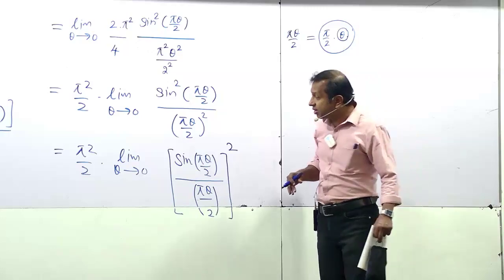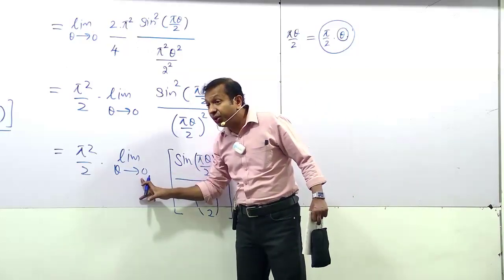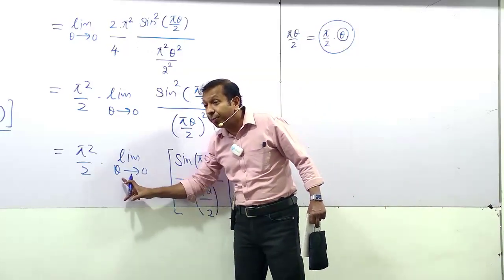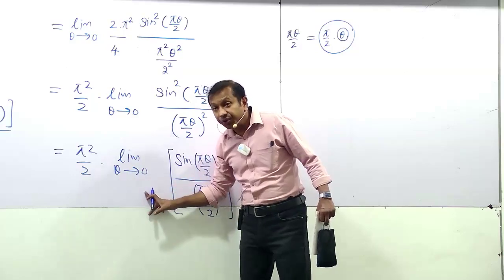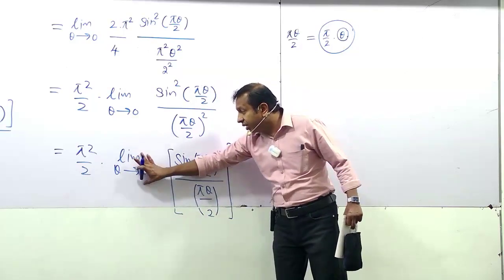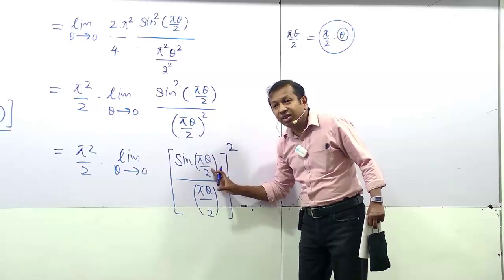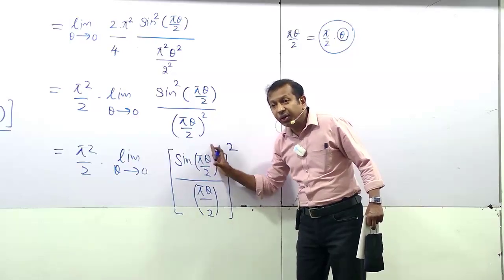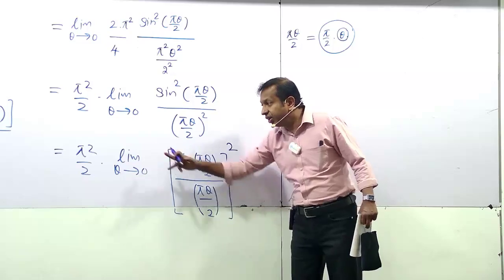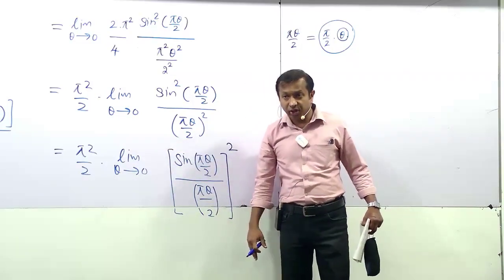Then I can write the next line: in place of theta going to 0, pi theta by 2 also going to 0. And this limit, we can apply inside this bracket. Then you get sine theta by theta, theta going to 0, that's going to be 1. 1 squared is 1, into pi squared by 2, the answer is pi squared by 2.